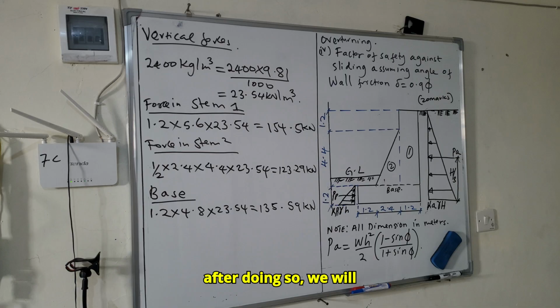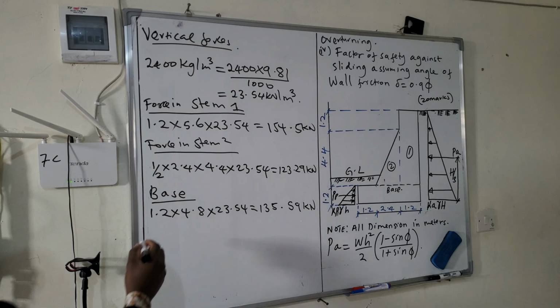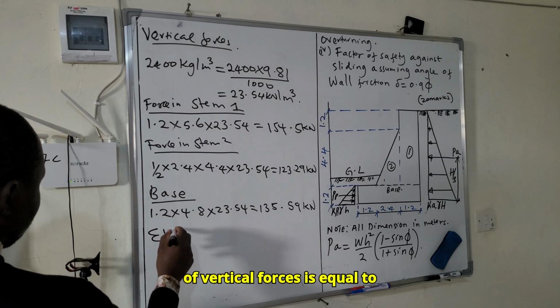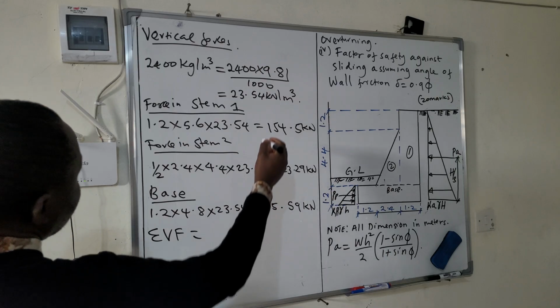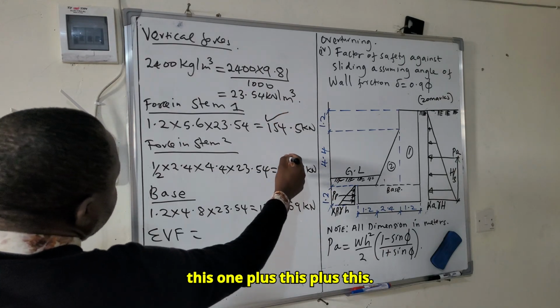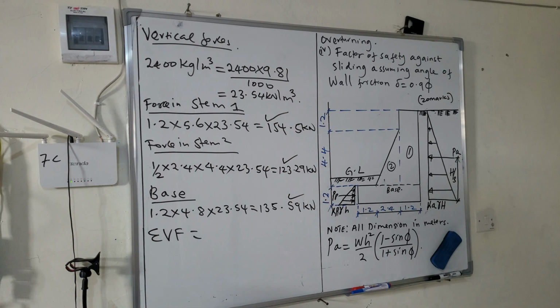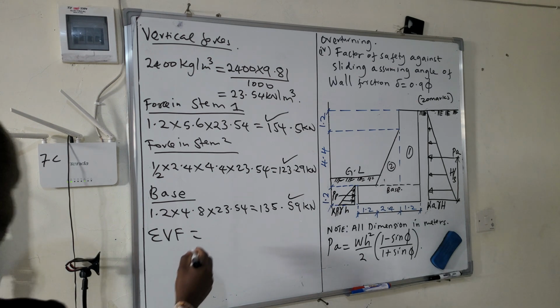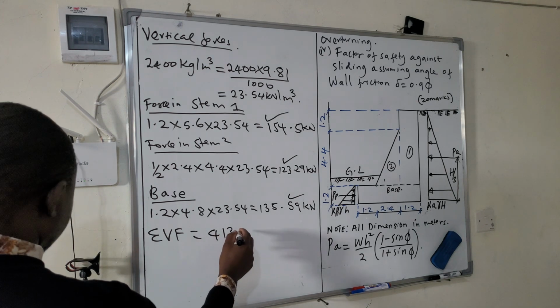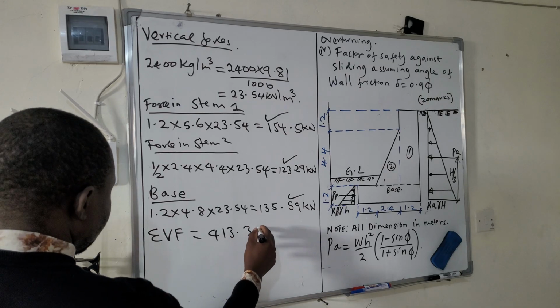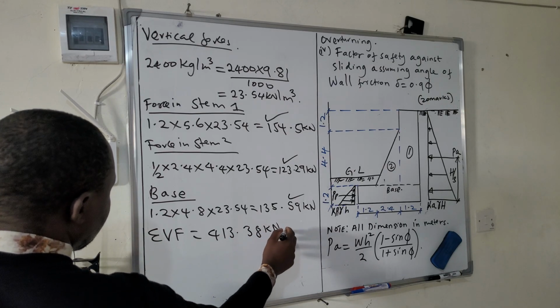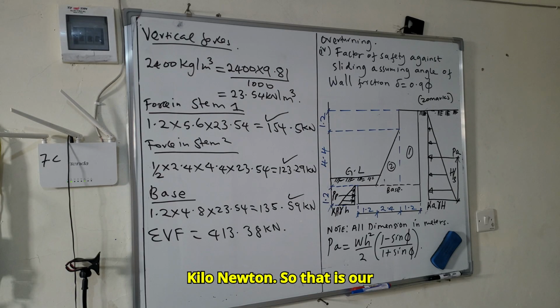After doing so, we get the summation of all the vertical forces, which is this one plus this plus this. So you get 413.38 kilonewton.